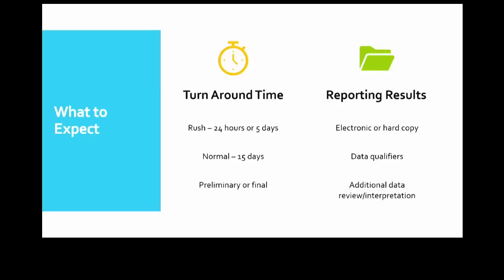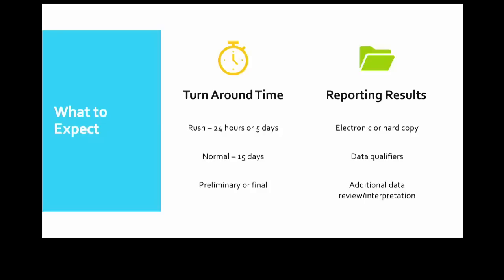Data qualifiers: you can probably expect that some part of your data may have been outside of a QC limit, and these data qualifiers will allow you to evaluate your data and how an exceedance outside of the quality control criteria is going to impact it.